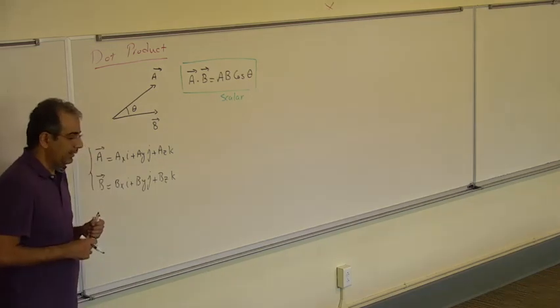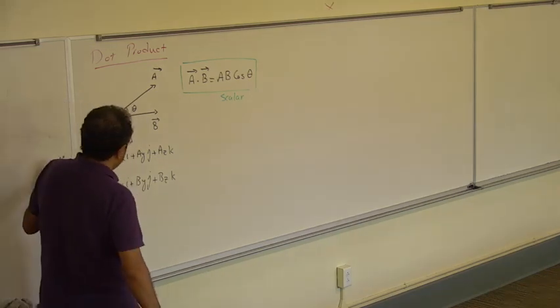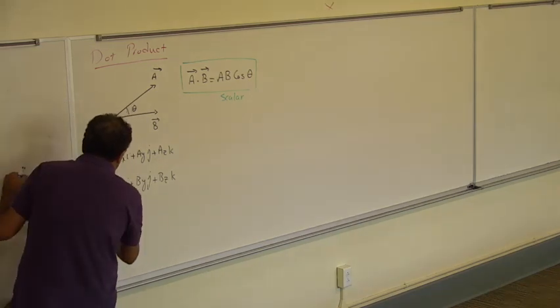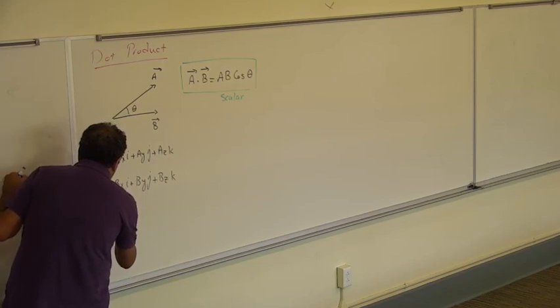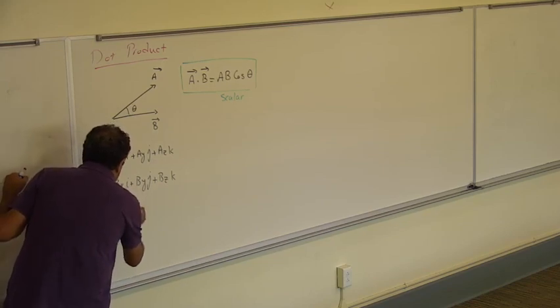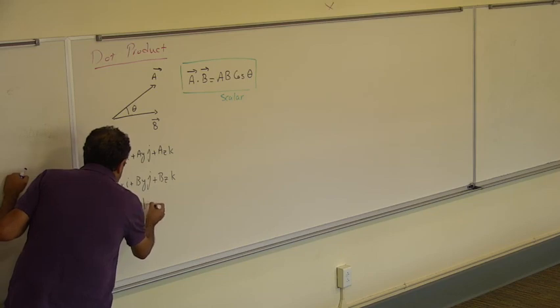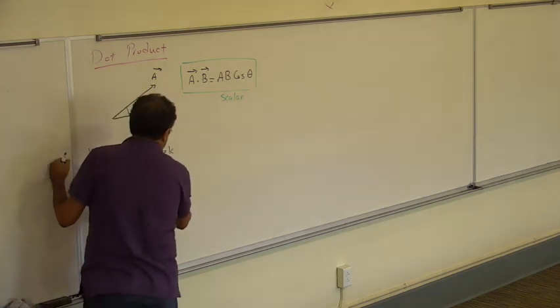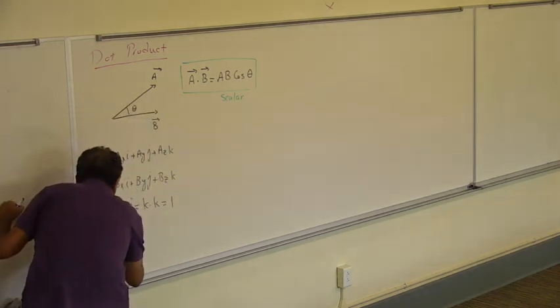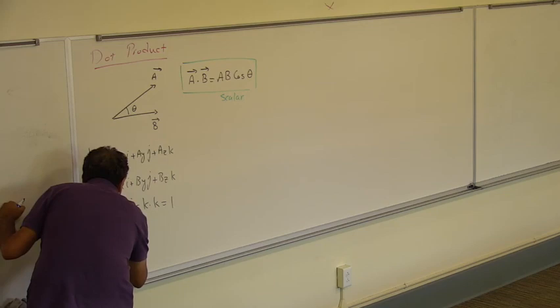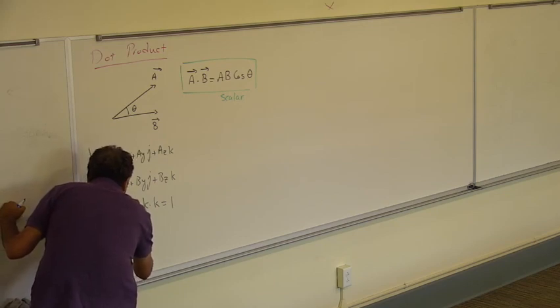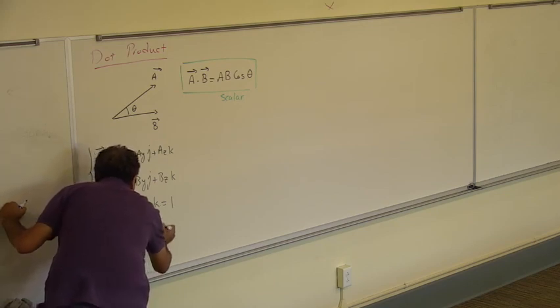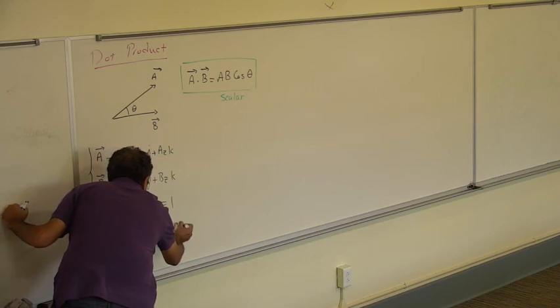If I write it like that, I know that i dot i, j dot j, and k dot k are 1, and i dot j, i dot k, and j dot k are 0.